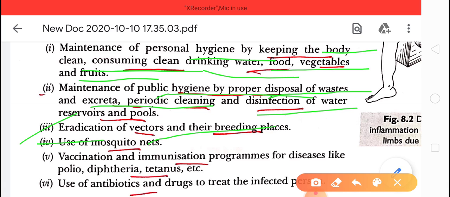Vaccination and immunization are also important for polio, diphtheria and tetanus. Basically, newborn babies up to 2 or 3 years take the vaccines for polio, diphtheria and tetanus, and these vaccines are very helpful.